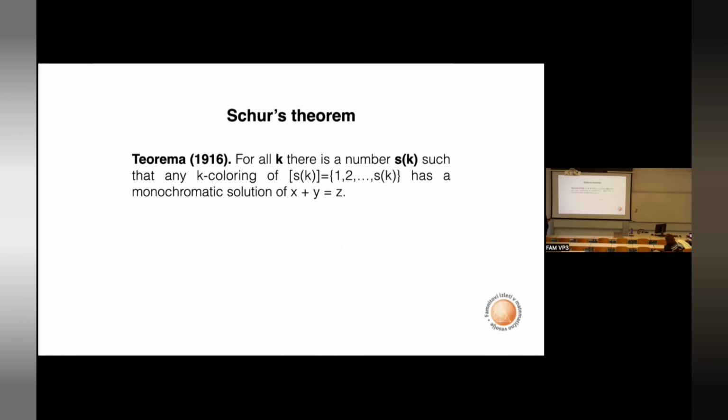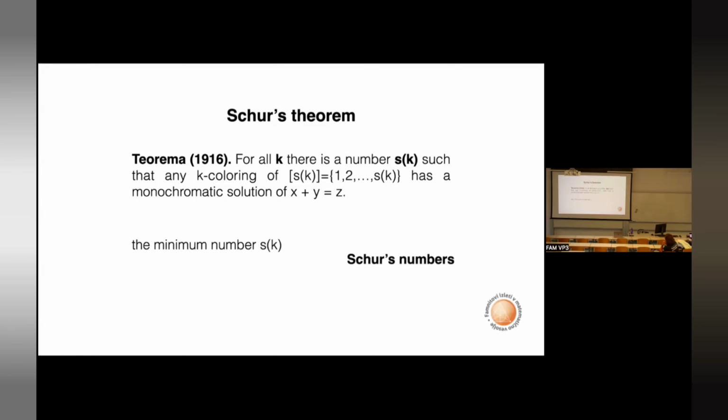So for all K, there is a number such that any K-coloring of 1 up to that number will always have a monochromatic solution of this equation. It doesn't matter how many colors you use or the coloration, you will always find a monochromatic solution.